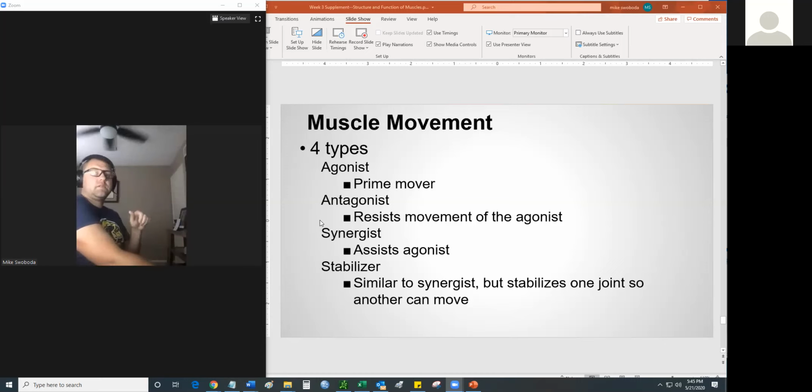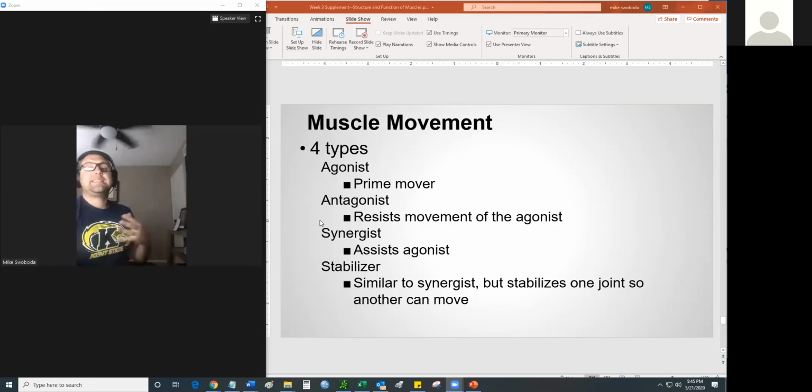Brachialis and your biceps are going to be the 2 more powerful flexors. Brachioradialis is a lot smaller of a muscle. Typically, your synergist muscles are small muscles. They'll do the exact same thing. So brachioradialis still does elbow flexion, but it's not the primary mover. So it's a helping muscle. Synergists are helpers.